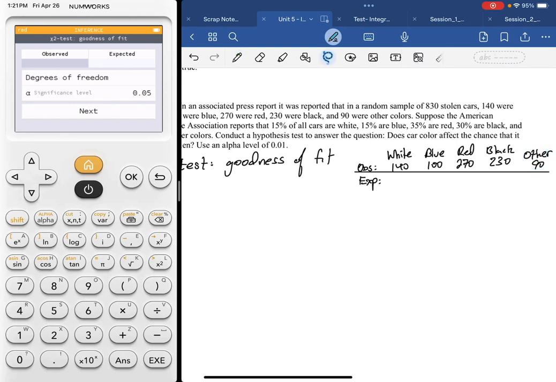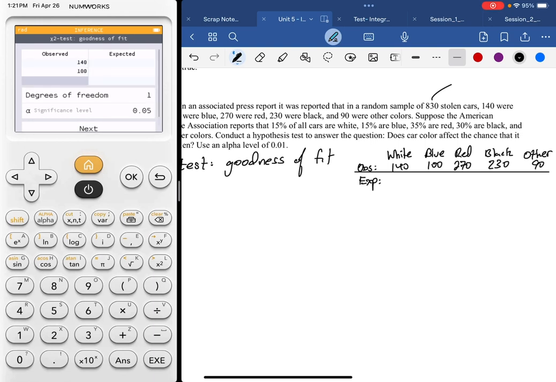All right, so they gave us percentages, but we need to have it in line with the 830 stolen cars. So when they say 15% were white, well, it's 15% of what? 15% of 830. So let me put my observed values into the calculator.